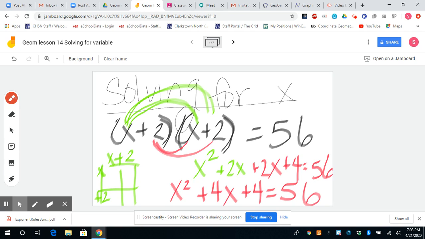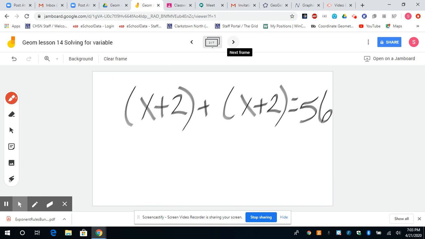Okay, and what you're going to notice here is, can you combine any other like terms? You can maybe move the 4 over, but can you combine x squared and 4x? You can't, because one has an exponent, one doesn't, right? Just because they both have an x doesn't mean we can combine them. So this would involve factoring.